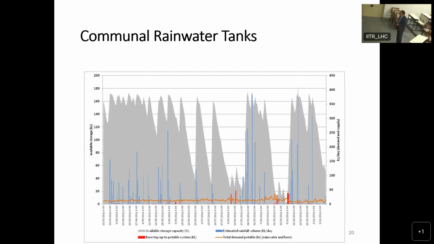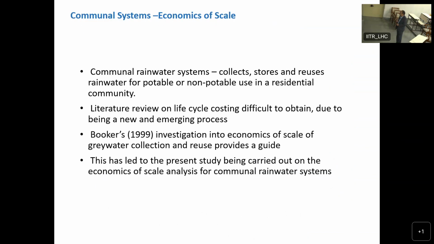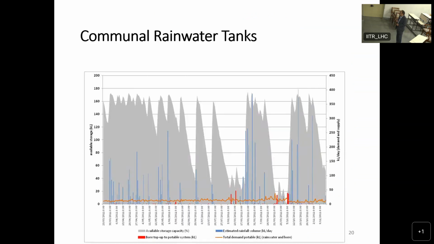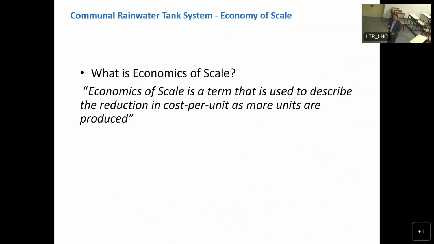I think I should have a few slides showing the treatment system. Not this one, but I will show you some of the other slides. So this is how this system is operating. It has the pressure filter, UV treatment, chlorination.